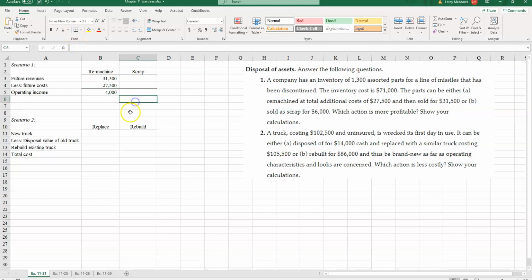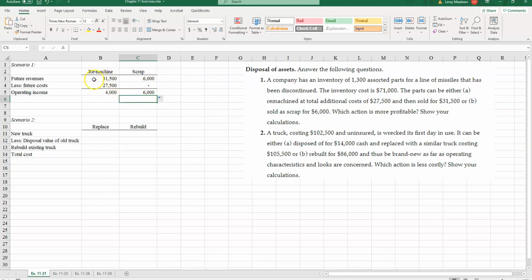Now, let's take a look at scrapping them. If I scrap them, I'm going to get $6,000 of scrap revenue. Do I have to invest in any additional costs in order to scrap them? No. So I can scrap the missile inventory, and there's no cost to do that. If I scrap the inventory, I'll get $6,000.